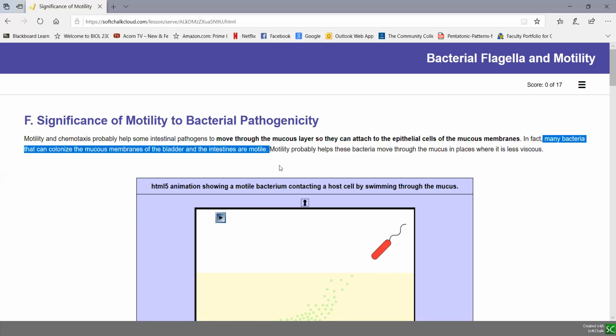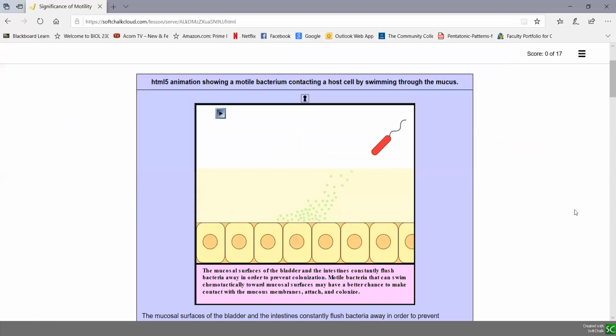And not all the mucus has the same viscosity, so the motility probably helps them to move through mucus in places where it's a little less viscous or a little more watery. And this animation shows you a bacteria with a polar flagellum. And this is the mucus layer that surrounds the mucous membranes, let's say, of the intestines. And various nutrients down here from these epithelial cells form an attractant.